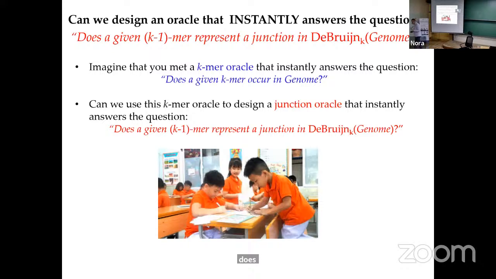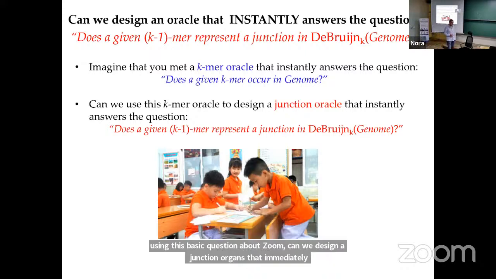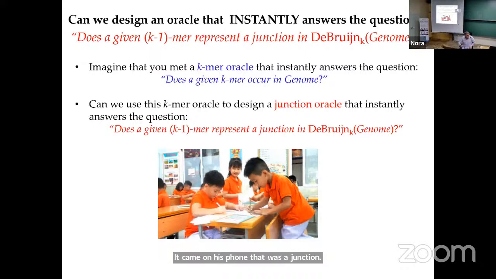And using this basic question about the genome, can we design a junction oracle that immediately tells us whether a (k-1)-mer is a junction? Do you remember how you solved it? Think about how you design this junction oracle.